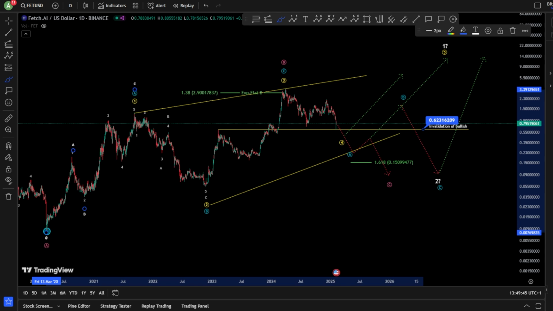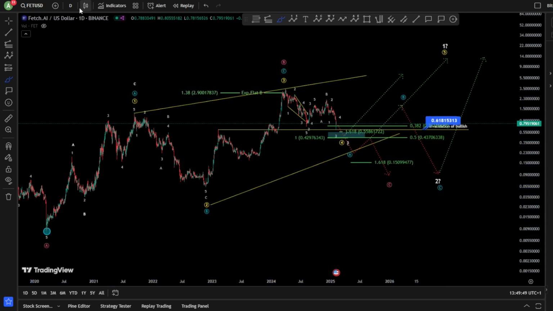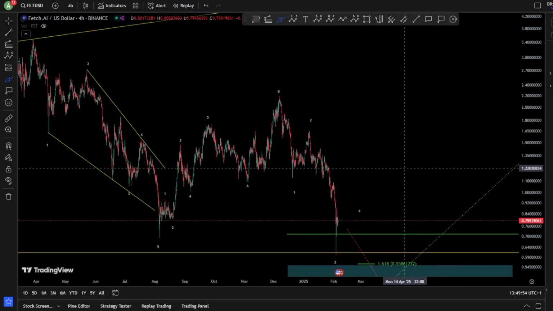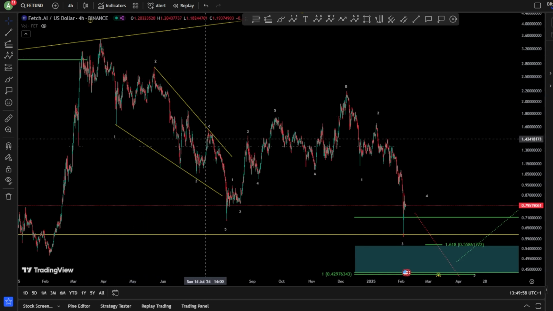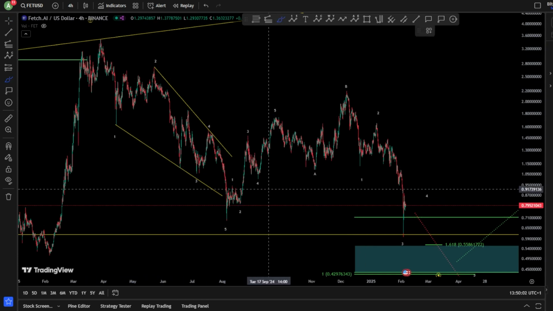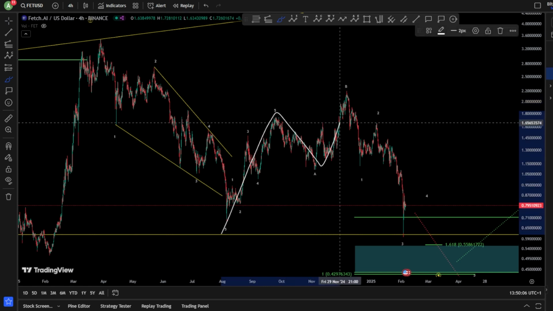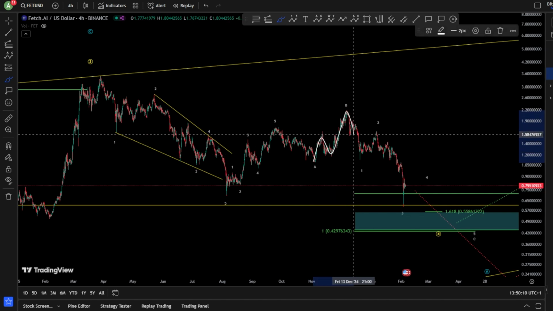Now, if we take a look as well at the 4-hour chart, what we are looking at is a possibly finished leading diagonal, possibly 1, 2, 3, 4, and a 5. And then we have another impulse towards the upside, but it appears that this was a zigzag, knowing that even here it couldn't finish 5 waves.